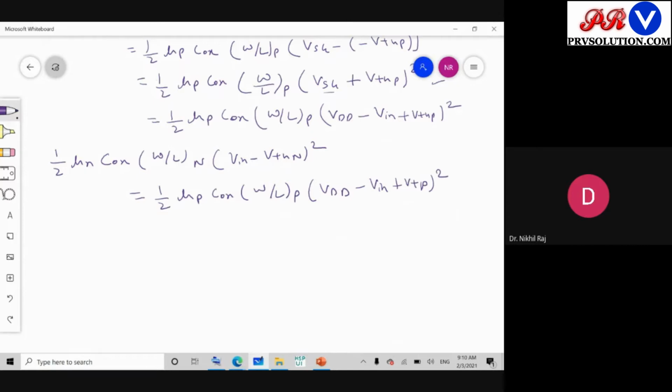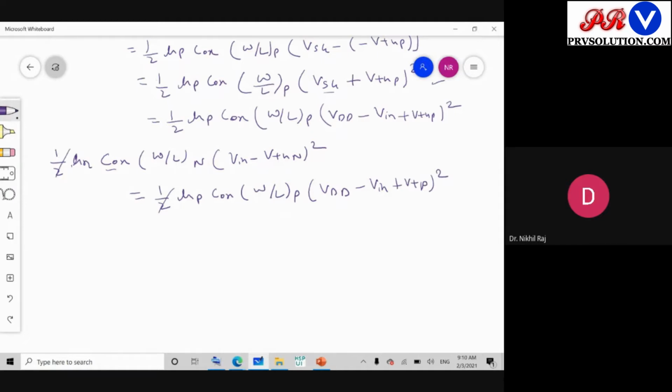Now we'll cancel out. This mu n will be here. What can be cancelled out? This and this half can be cancelled out. Let's say both have the same oxide thickness, then Cox can be cancelled out.